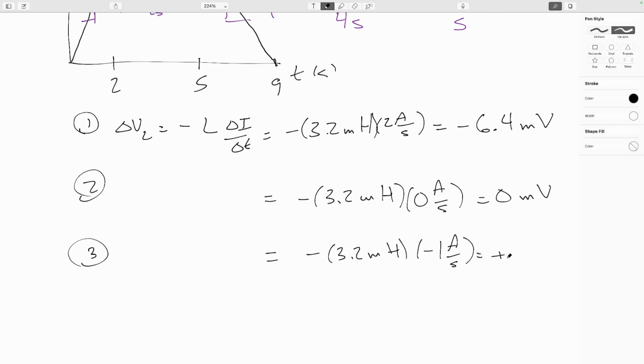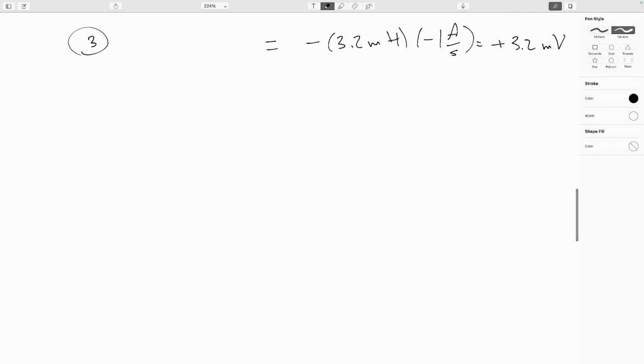So this will be plus 3.2 millivolts. So if I want to plot this, here we go. We'll say this is the voltage across the inductor in millivolts.